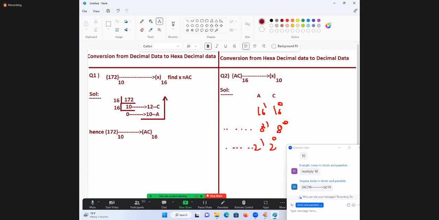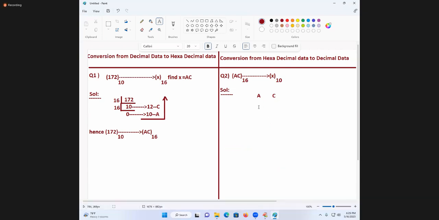Like that, here I am writing 16 to the power of 1 and 16 to the power of 0. Students, carefully follow. I will write a little bit down.